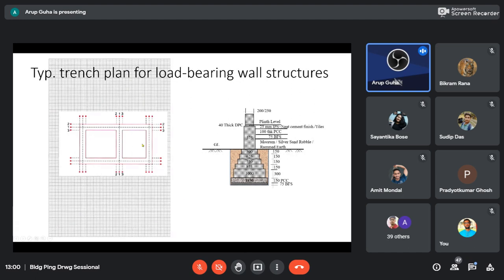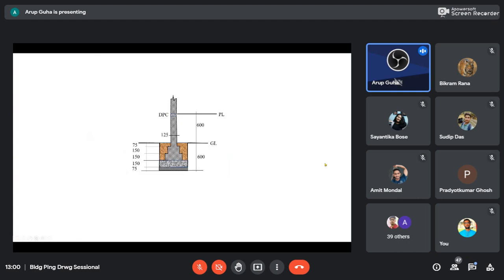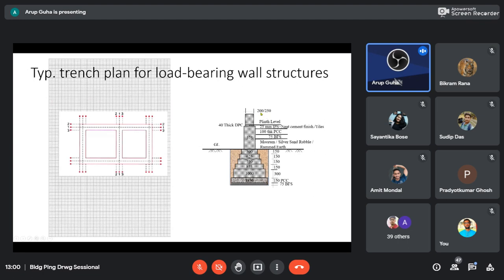Now, this is something like a load bearing wall. It may so happen that you have provided a partition wall that may not go up to the ceiling level, but only up to the lintel level. That is not load bearing, non-load bearing. And we have, say, 125 millimeter instead of 250 or 200 millimeters.